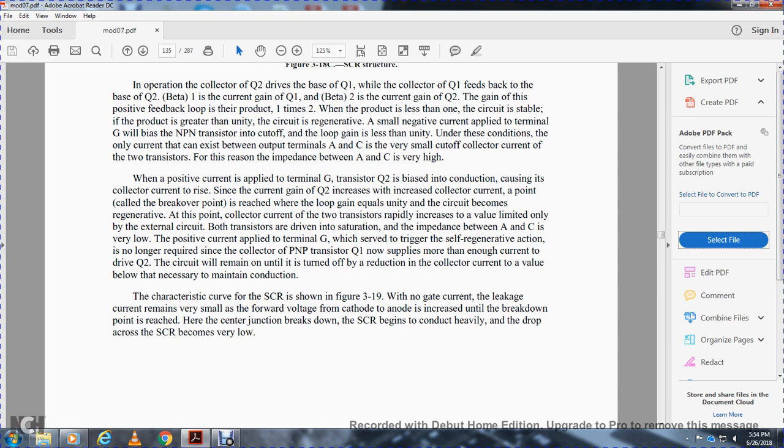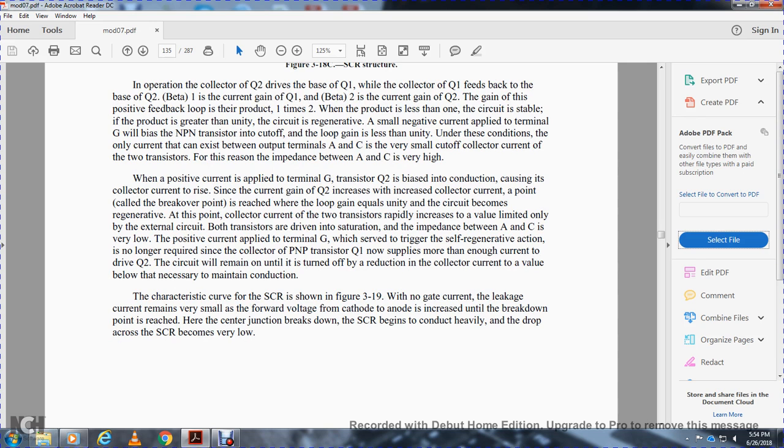Now, when a positive current is applied to terminal G, transistor Q2 turns on, causing collector current to flow, and the current gain of transistor 2 increases with the collector current. At the breakover point, the loop gain reaches unity and the circuit becomes regenerative.